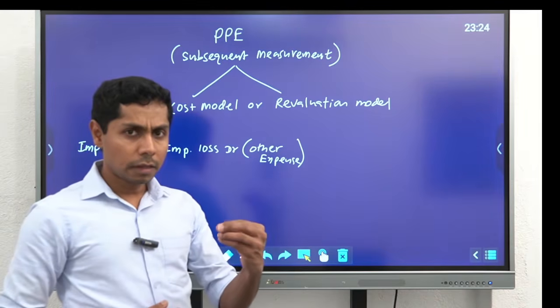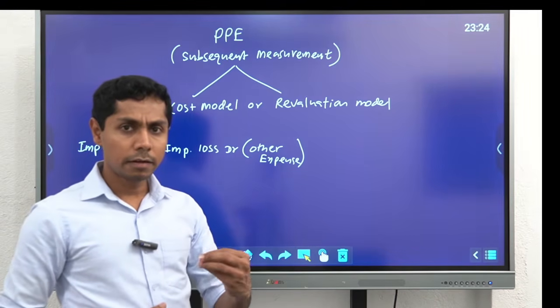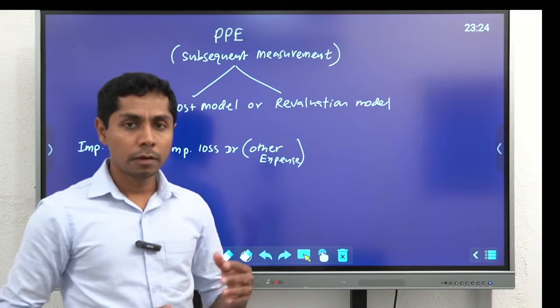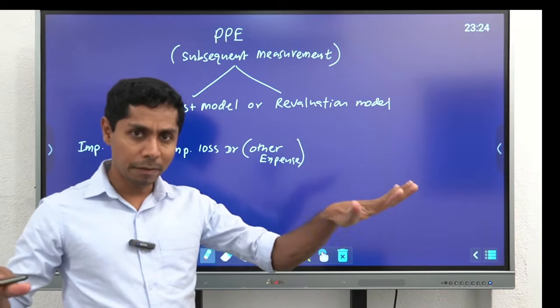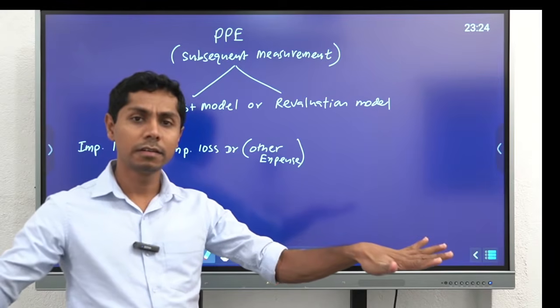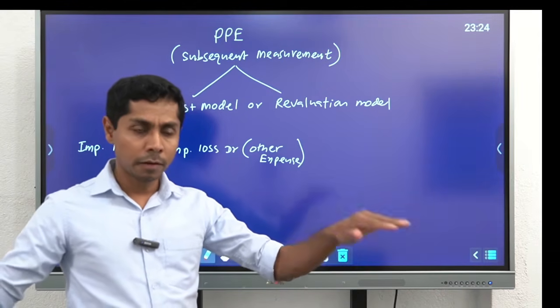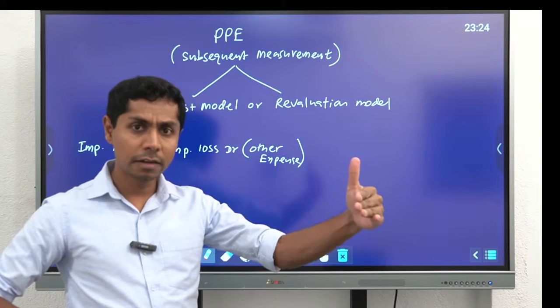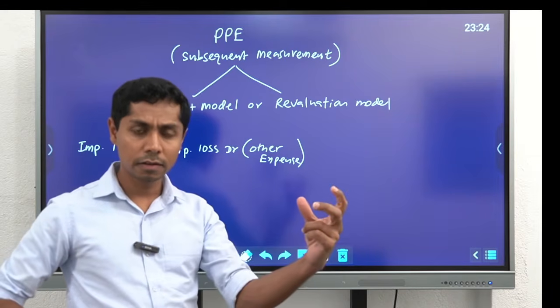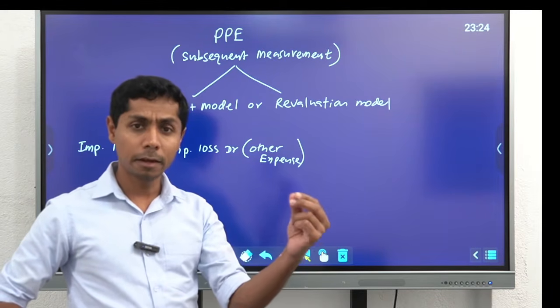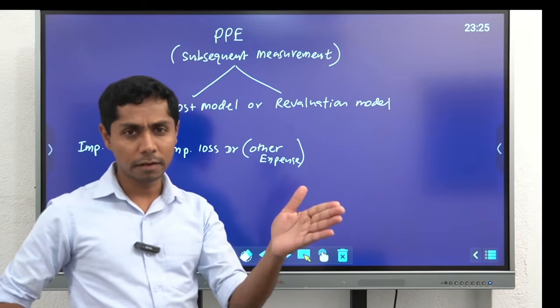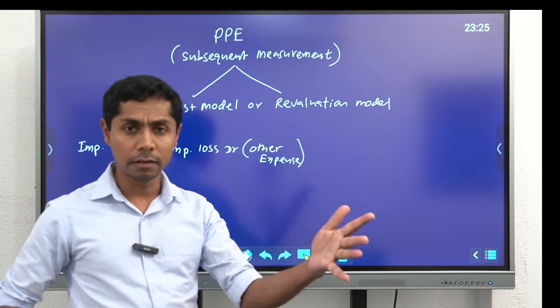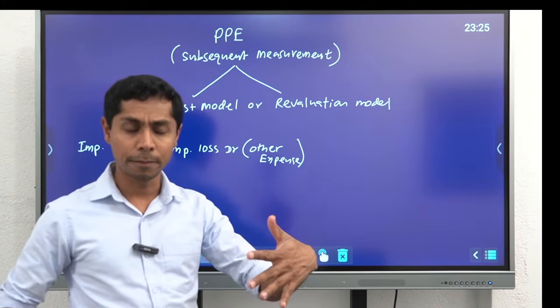Now one thing that I want to highlight here is the difference between depreciation and impairment loss. Depreciation is a systematic allocation of the depreciable amount of an asset, right? That applies to amortization as well. It is also a systematic allocation.